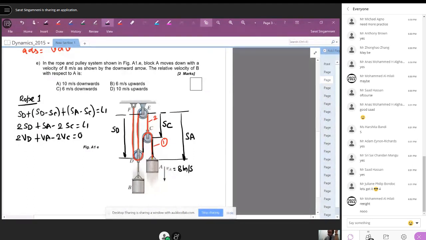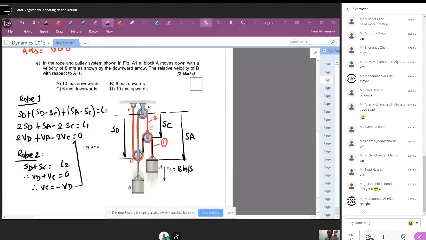Then rope 2. It's simple. SD plus SC equal to L2. Therefore, VD plus VC equal to 0. Therefore, VC is equal to minus VD.